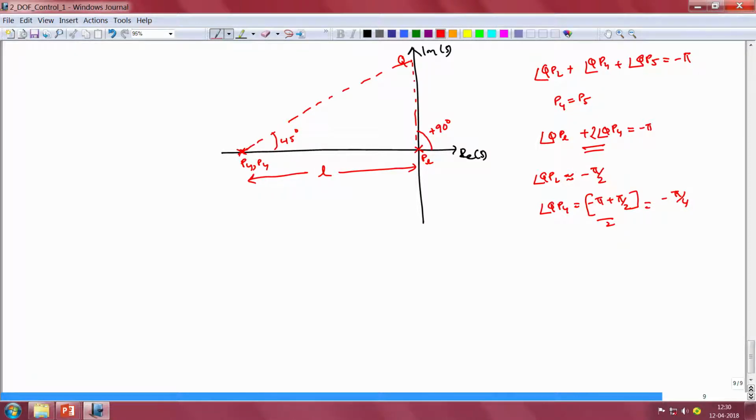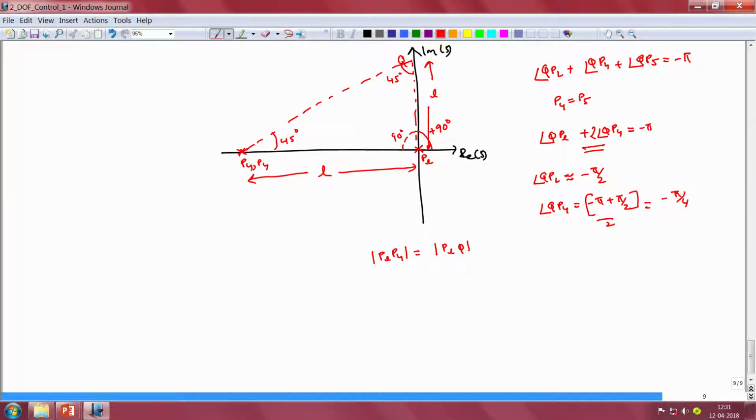So since we have this angle here to be 90 degrees and this angle is 45 degrees, in this triangle that has been formed by the point PL, the point P4 and the point Q, we would have the other angle to also be 45 degrees, which implies that this triangle is a right angled isosceles triangle, and that in turn implies that the line PL P4 should be equal in magnitude to the line PL Q. So this also therefore should be of the same magnitude L as the distance of the point P4 from the origin.